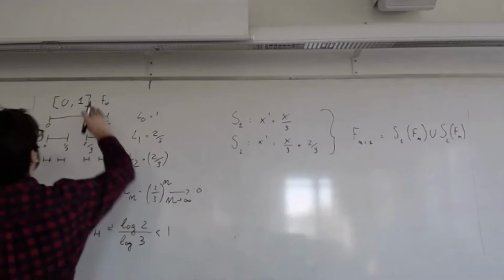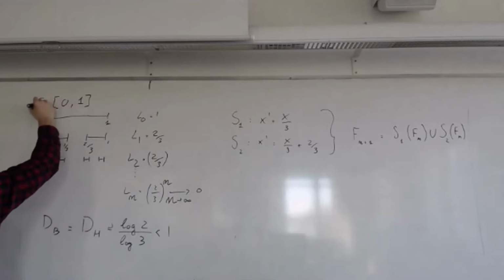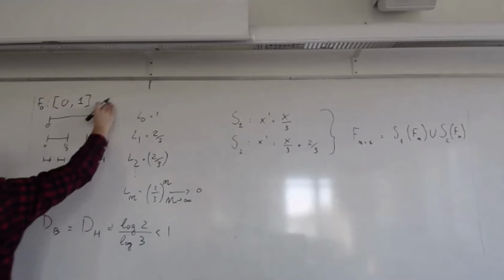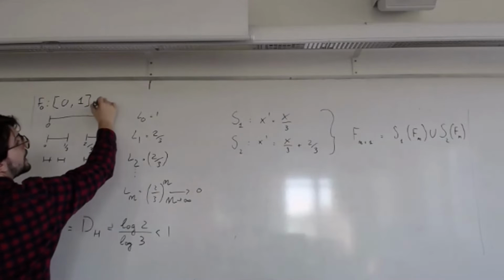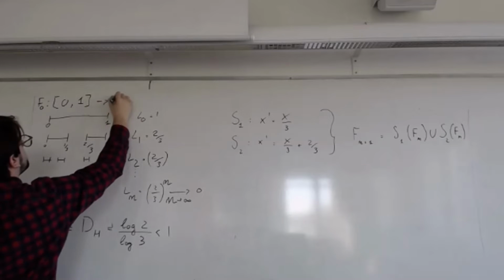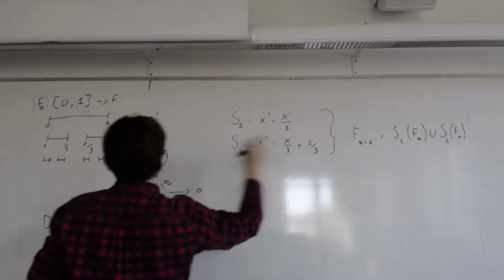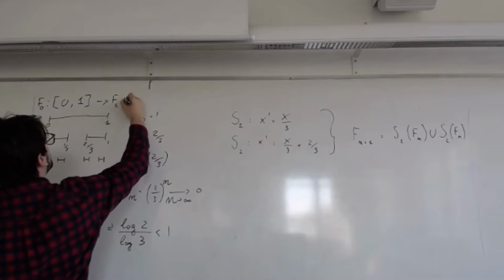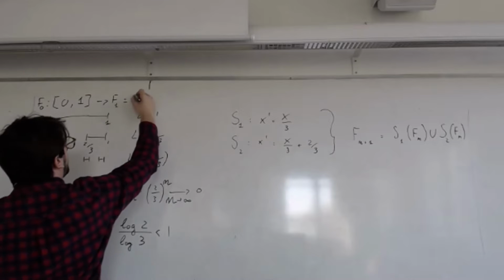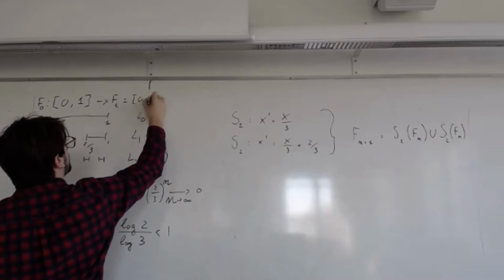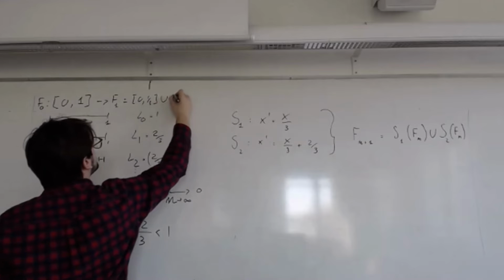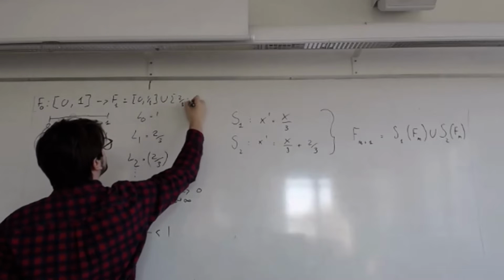So if F0 is defined like this interval, and then I apply this map, F1 is defined as the interval 0 to 1/3 united with 2/3 to 1.